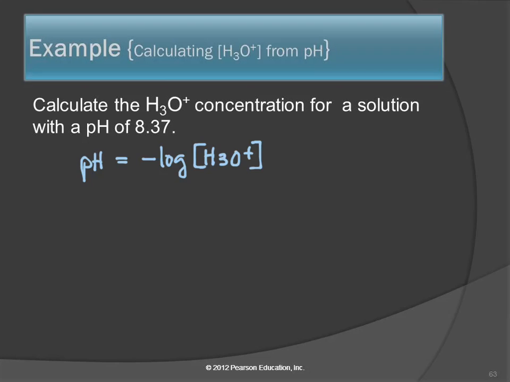So we need to rearrange this equation and solve for hydronium ion concentration. Can we just divide by log on both sides? Log is a function, you can't divide by it. Let's get rid of that negative sign first. So I'm going to multiply this by -1, and I'm going to multiply this side by -1. Now I've got minus pH equals the log of the hydronium ion concentration.